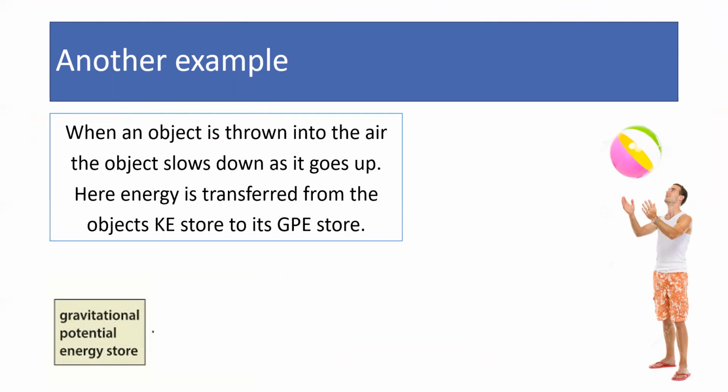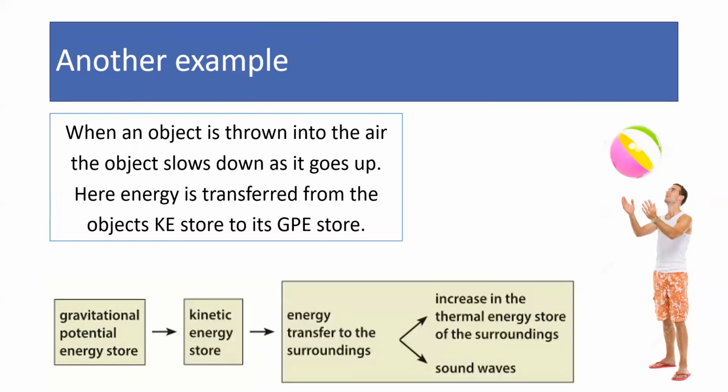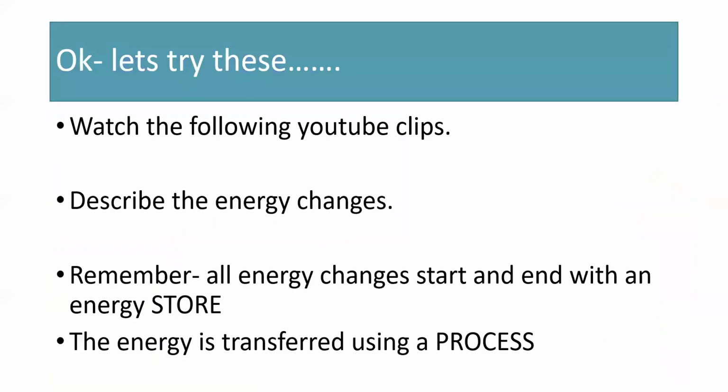As long as that object is up, the object has stored some gravitational potential energy. When the object starts falling back, it loses it, and then it gains kinetic energy. So that is the energy transfers. When it hits the floor, it makes noise. There will be friction between the ball and the surface.